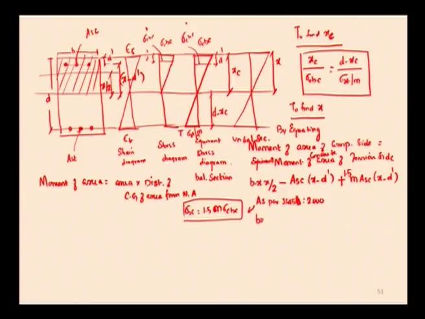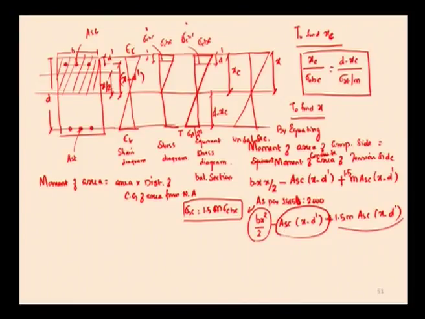So, B x square by 2 minus ASC into x minus d dash plus 1.5 m into ASC into x minus d dash. This is the moment of area of whole concrete above the neutral axis. Then I have deducted moment of area due to the compression steel. Then I have added equivalent concrete area of the compression steel.